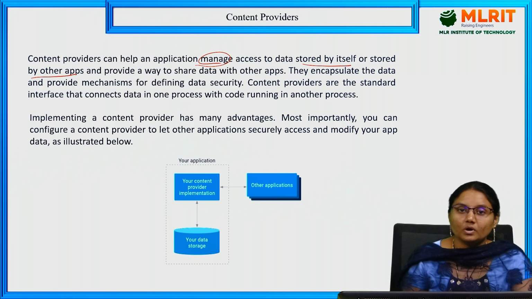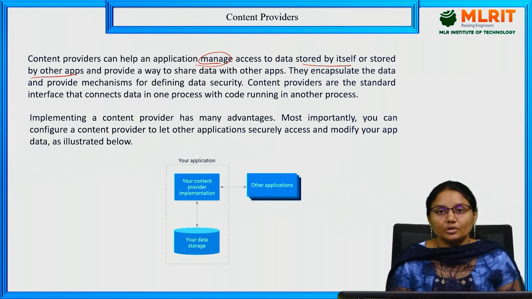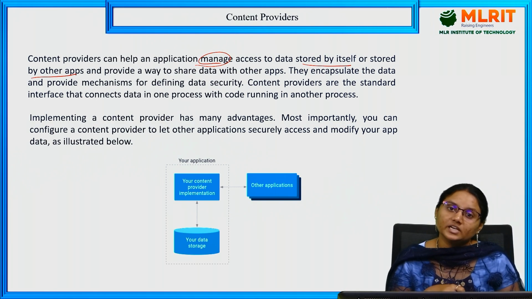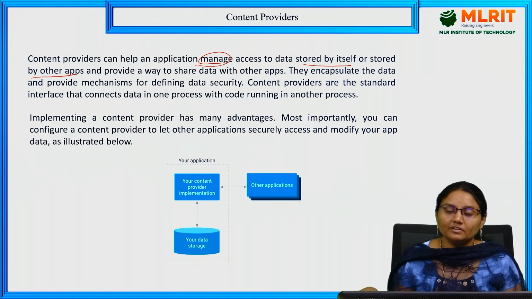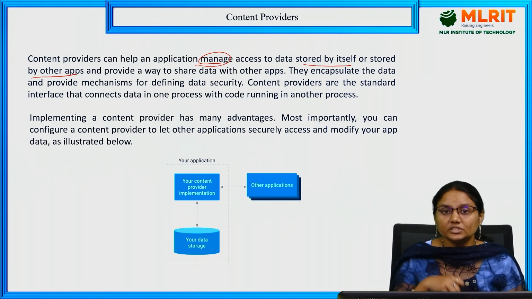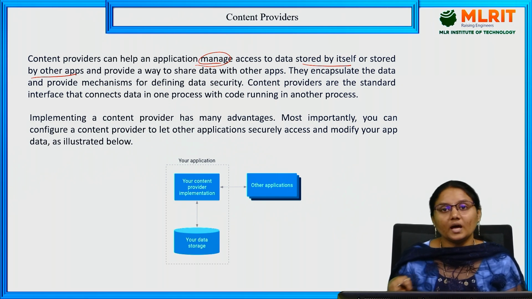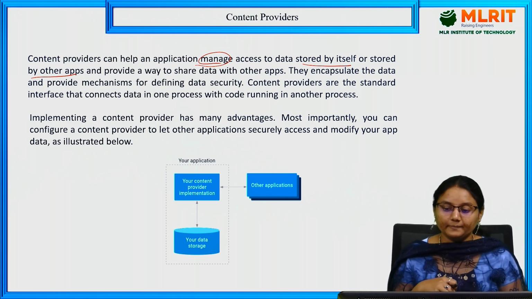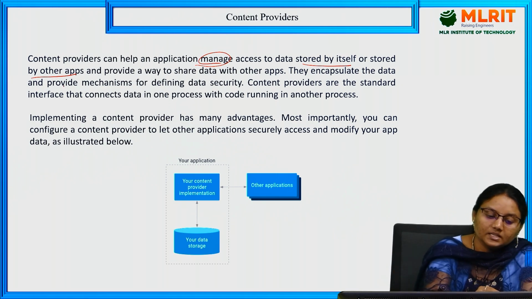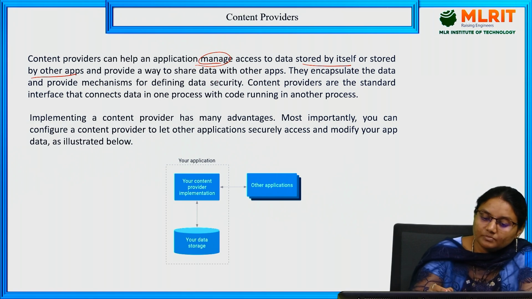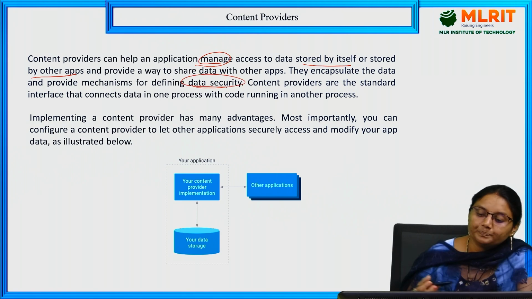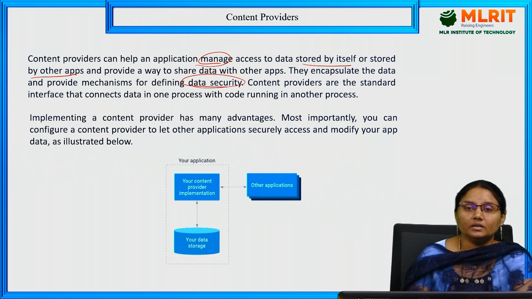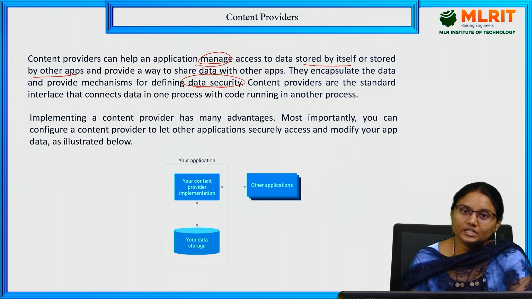When you are sharing a status on WhatsApp, suppose you want to share the same status to a Facebook story as well, you can do it. The content is being shared from one application to another application. That is an example. They encapsulate the data and provide a mechanism for defining data security. So even data sharing is possible.